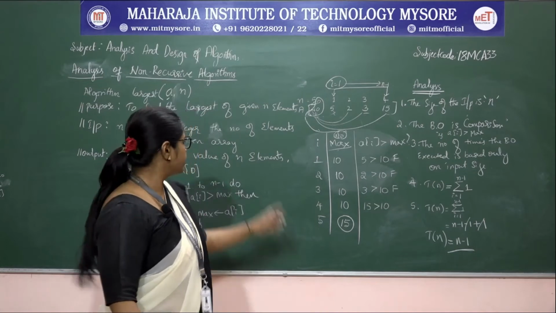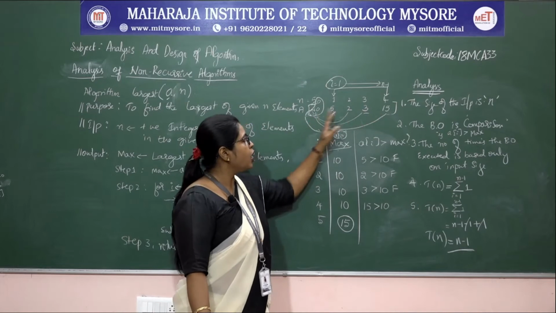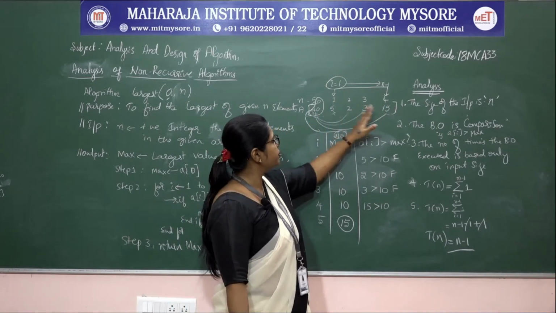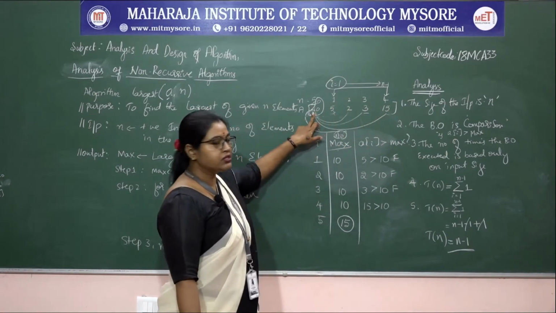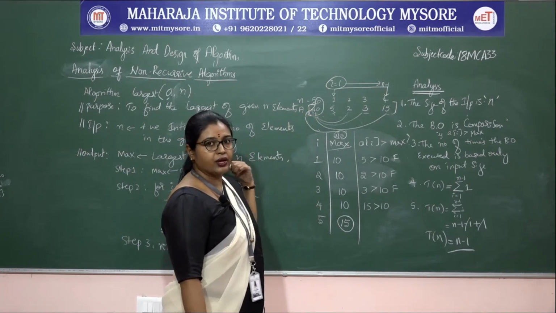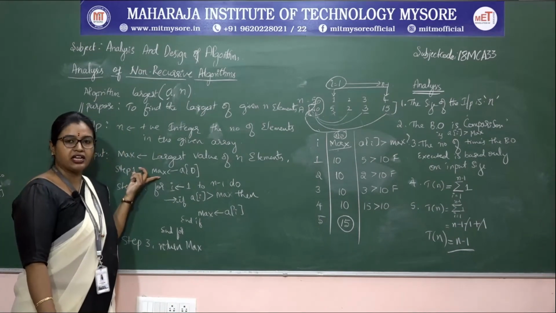That means for the given n inputs, how many times has the basic operation been compared? Comparison has been made n minus 1 times. Why? Because whatever the first input value is, that is initialized to max, so initialization has been done.